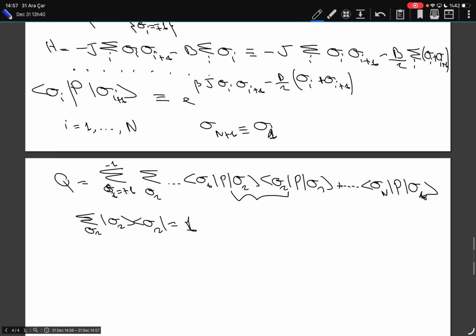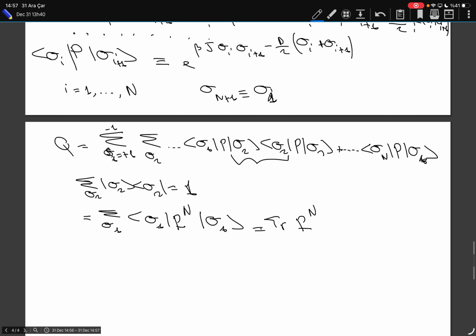Well, I can do the same, the sum over all sigma i's, but that would give me the sum over sigma 1 of P to the power n, sigma 1. Now, if I sum over sigma 1, this is nothing but the trace of P to the n.